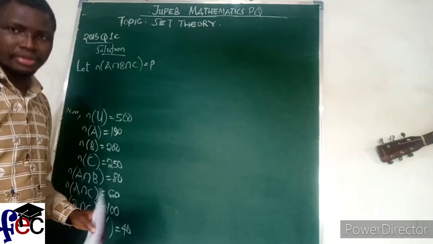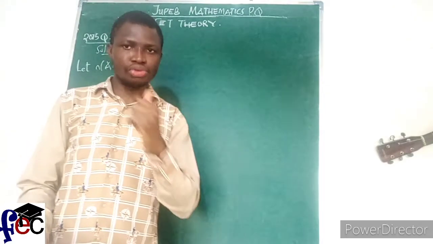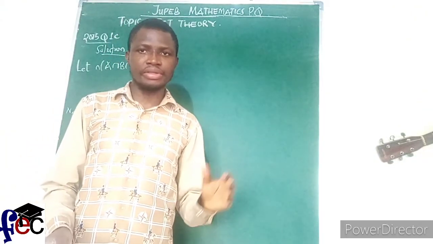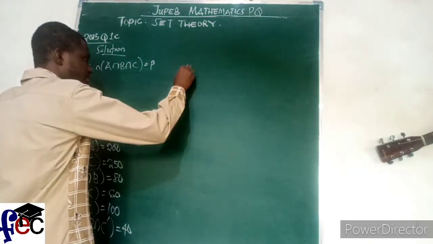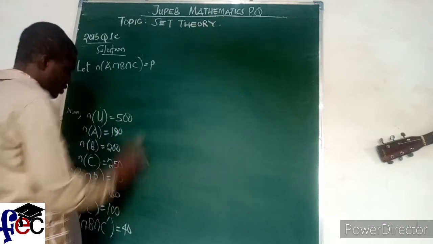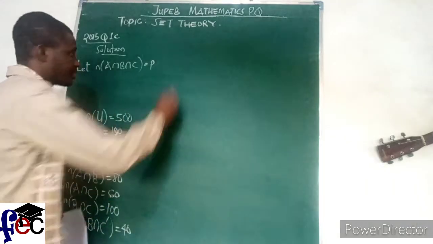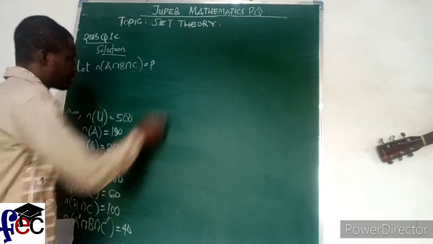Now, having gotten that, let's do the Venn diagram. Let's sketch it. So the Venn diagram, I'm going to bring it up because I will still like to hear about this aspect. Don't forget, this follows this.